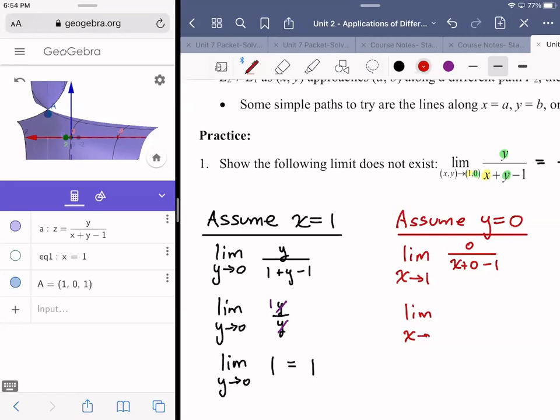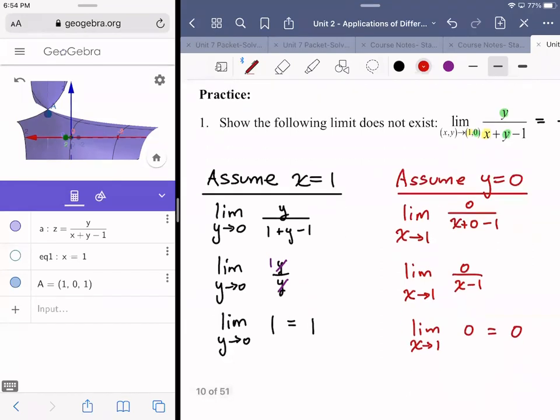Anyway, so this would simplify to 0 over x minus 1. You don't want to substitute in yet, because we know that 0 over anything that's non-zero would be equal to 0. And so here we would get a result of 0, right?